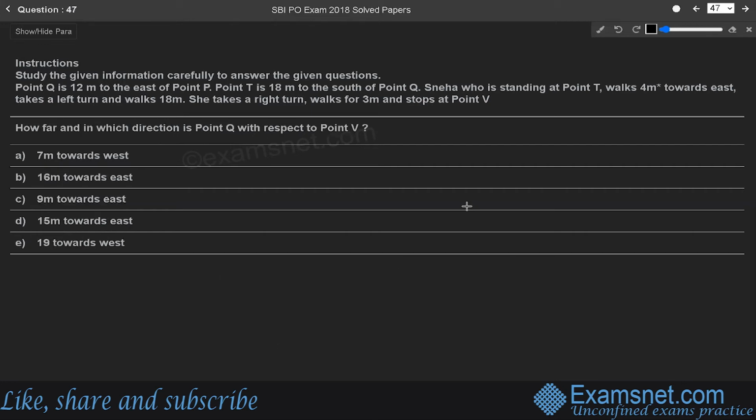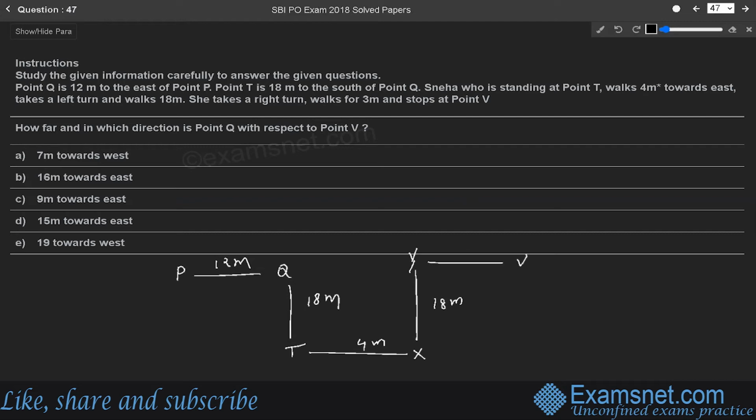Next question also has the same directions. So first let us make the required diagram. This is the required diagram for the given question.